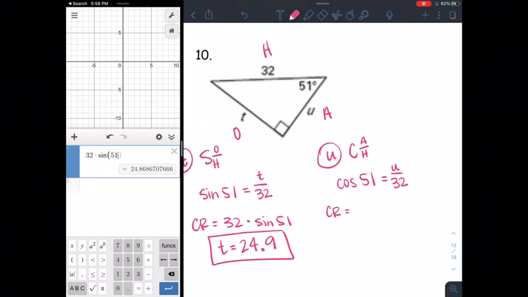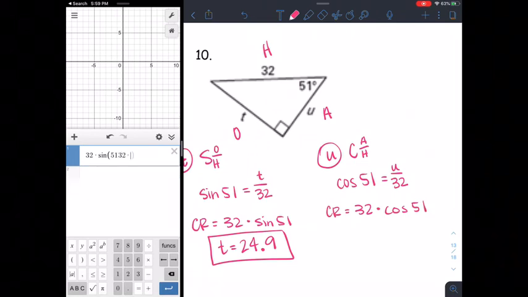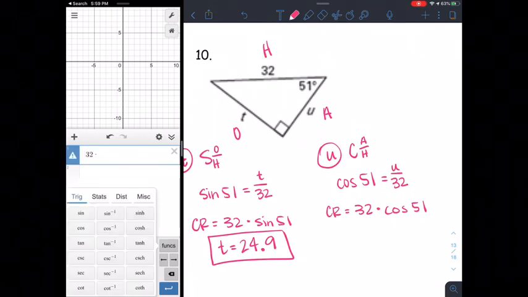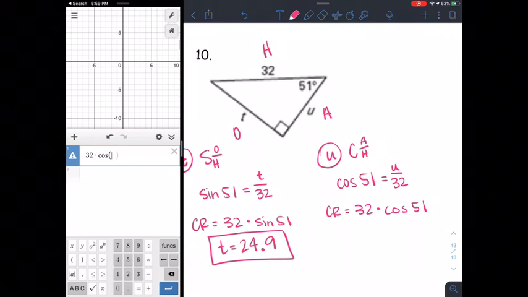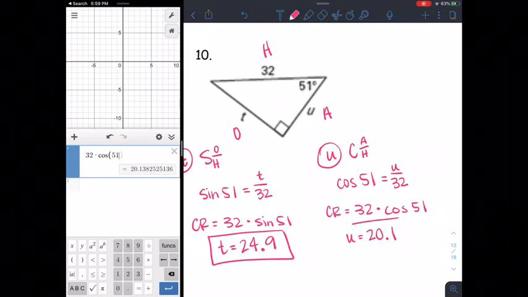So to get it calculator ready, I'm going to have 32 times the cosine of 51. Let's see here, cosine of 51. And this will give me a u value of 20.1.